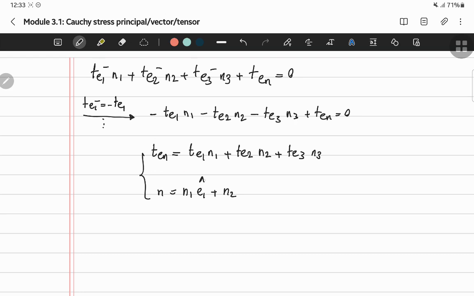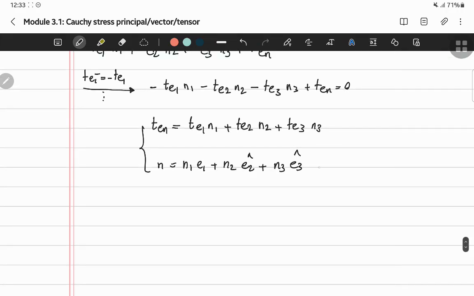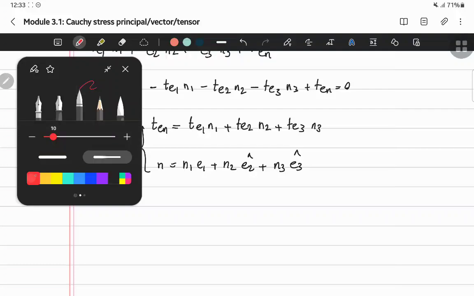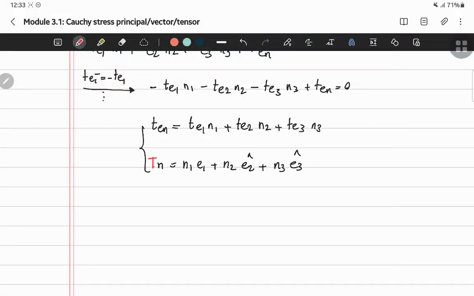So I'm not going to write these arrows in here. Plus n3 e3. So if I have both sides of this times n, this becomes tn, this is scalar, so this is n1 te1, n2 te2, then n3 te3.